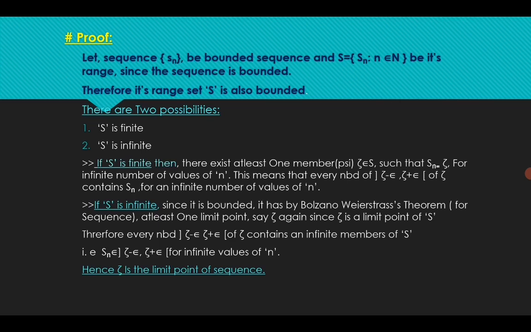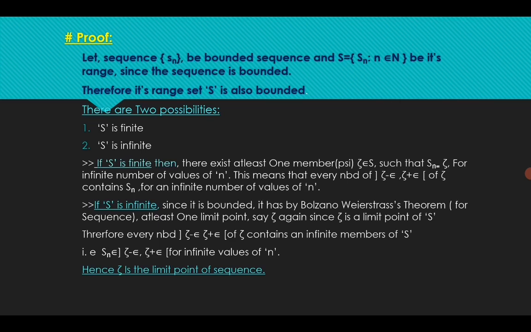Now let us move towards the second possibility, that is, S is infinite. Since it is bounded, it has, by the Bolzano-Weierstrass theorem for sets, at least one limit point, say xi.